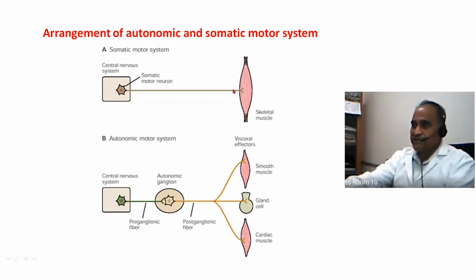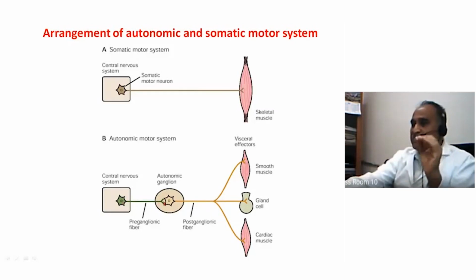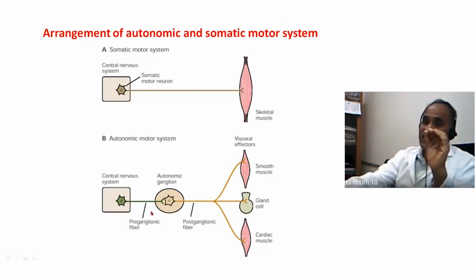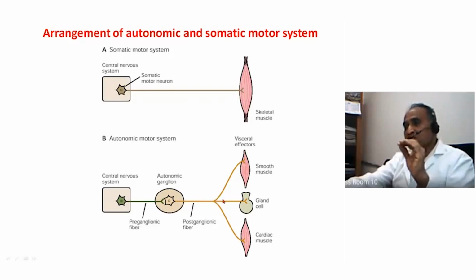That is one. In the case of the autonomic nervous system, what happens? We have a neuron here, located in the intermediolateral column of the spinal cord. This neuron comes out and makes a ganglion, what we call a paravertebral chain of ganglia. That means a synapse relays there. From here, the postganglionic fiber starts, and these postganglionic fibers reach the target organs or target sites.